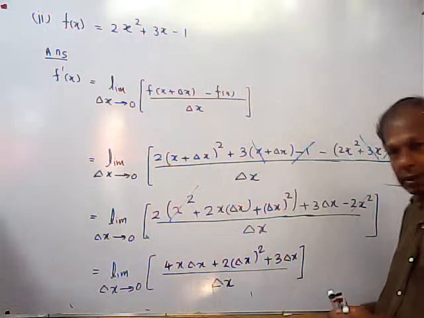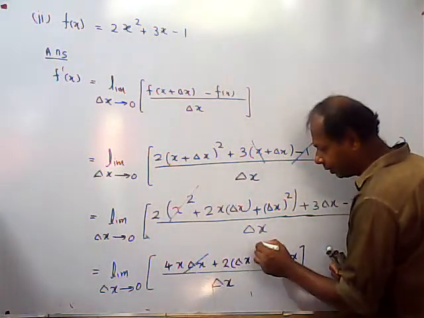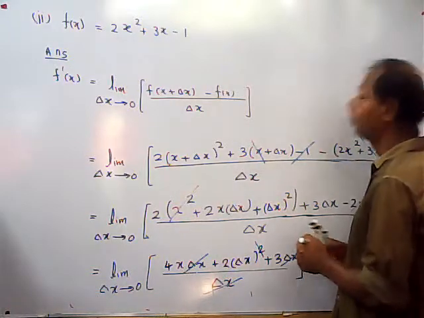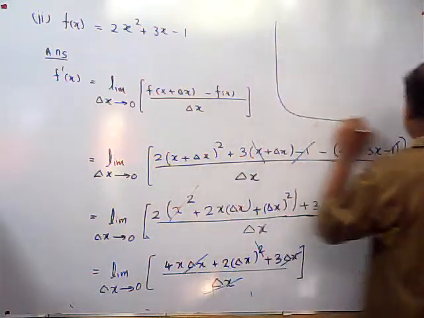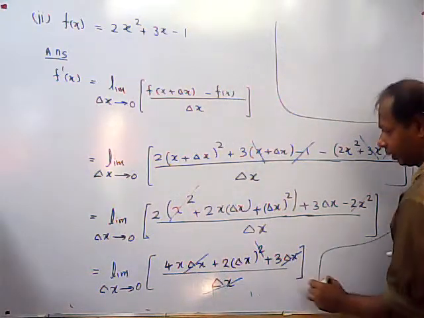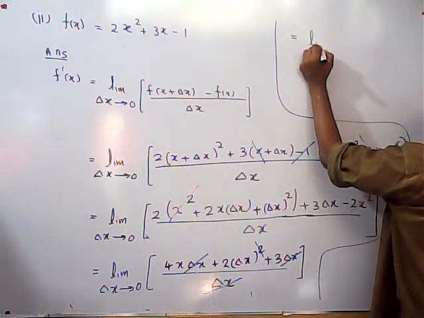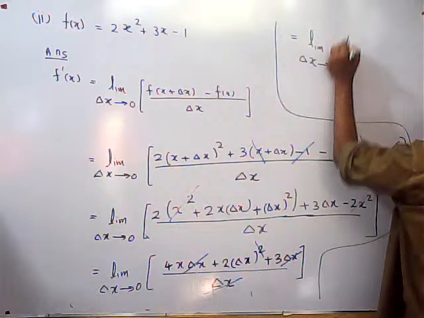This delta x, here that delta x, this delta x, and this. So finally leaving limit as delta x goes to 0.